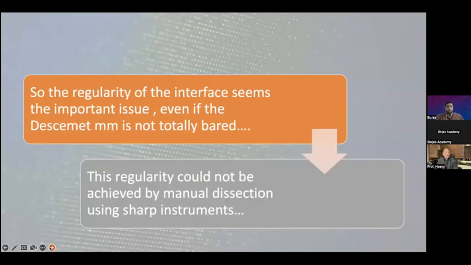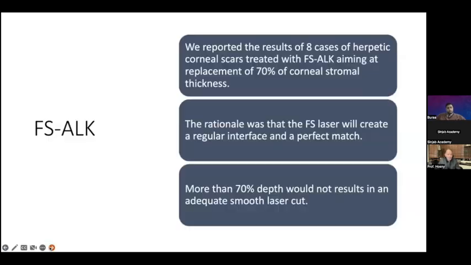So the regularity of the interface seems the important issue, even if the Descemet's membrane is not totally bared. And this regularity could be achieved by manual dissection using sharp instruments, and you can actually use the femtosecond laser as well. At the time, in our publication, we reported at the time, but now we've done like hundreds of cases.